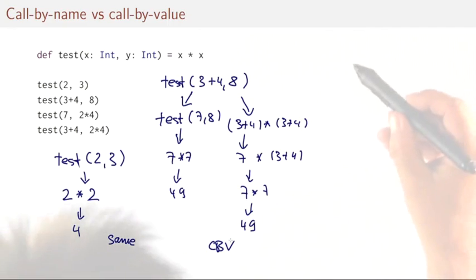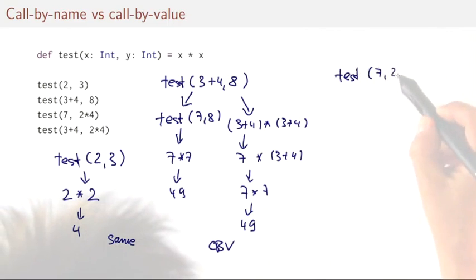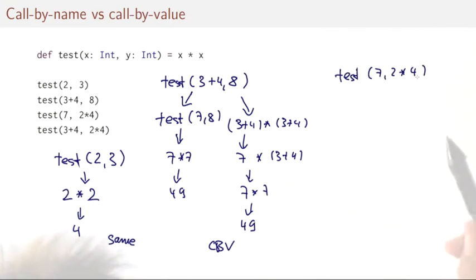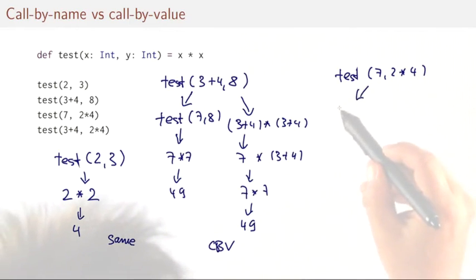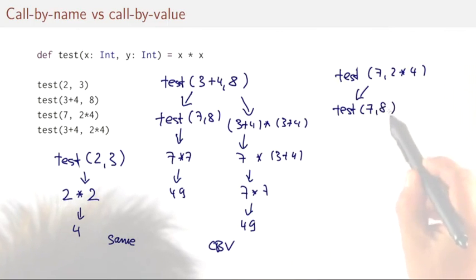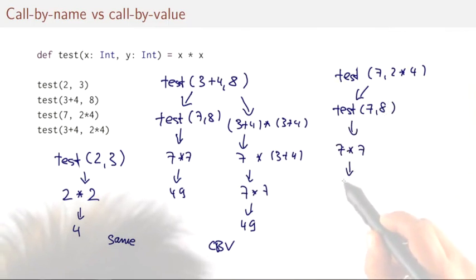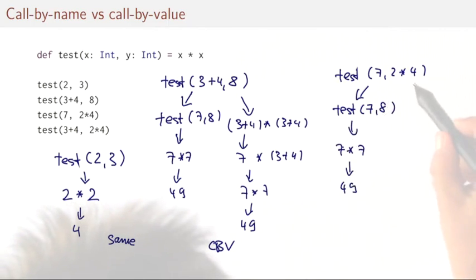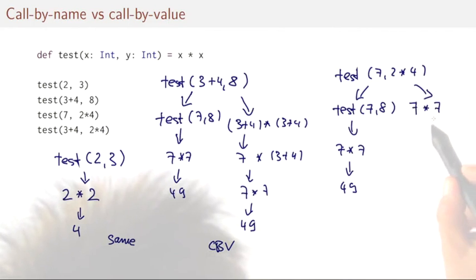Let's look at the third example, test(7, 2 * 4). Here with call by value we would get test(7, 8). Finally 7 * 7 and the final result. Whereas with call by name we would get 7 * 7, 49.